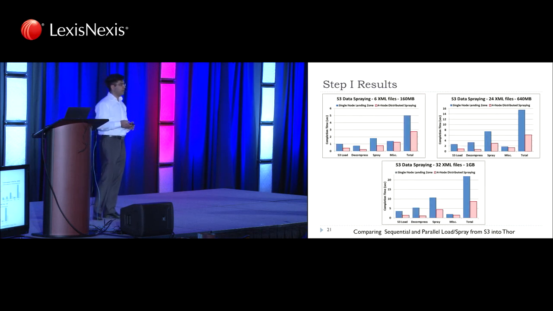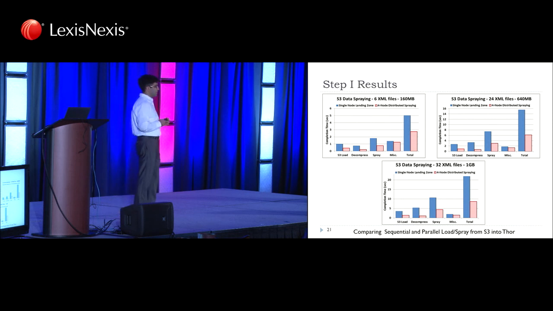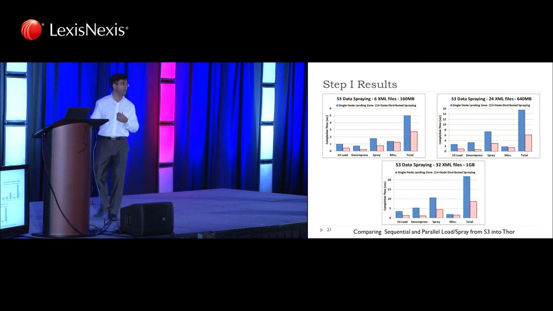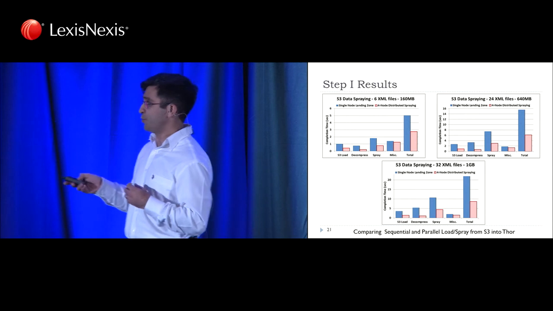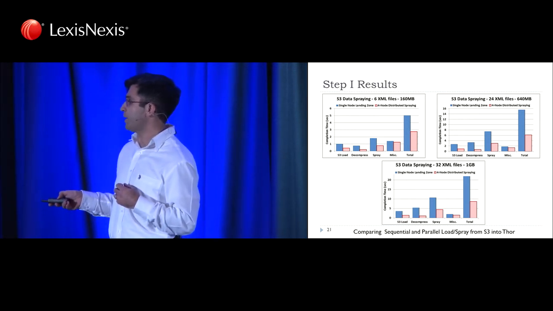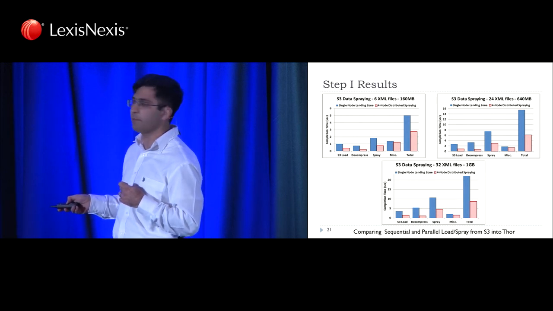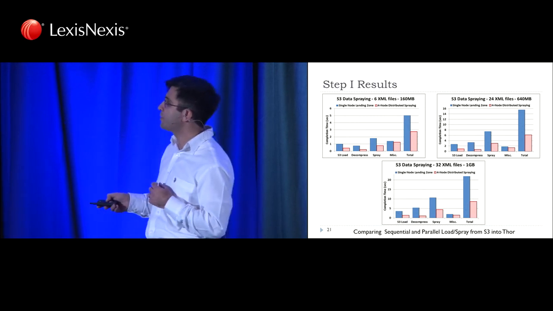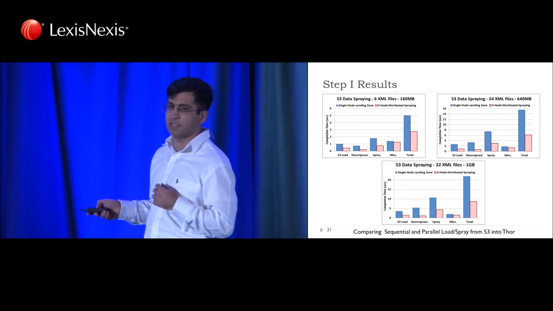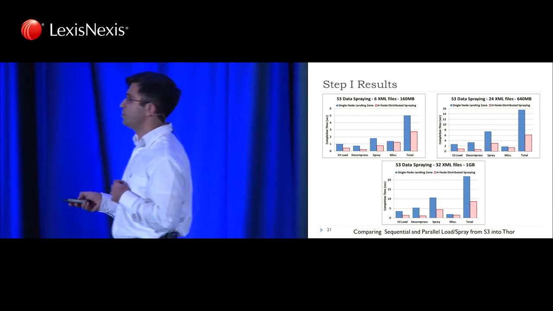Some preliminary numbers on what we have seen so far on implementing this. These are 3 graphs that are similar because they are the results of loading different file sizes: 160 meg, 640 meg, and 1 gigabyte. Don't go into too much detail there; I'll explain everything here. We have listed all the different steps happening in the operation and compared the case that you use the single landing zone versus the distributed spraying.